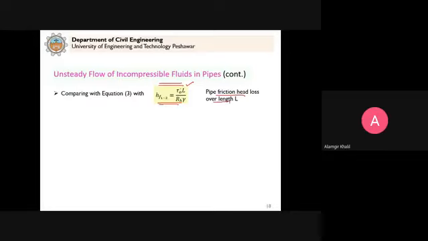And then we said that because it is very difficult to measure this shear stress, we did the dimensional analysis, calculated the value for this tau naught, and put it here.